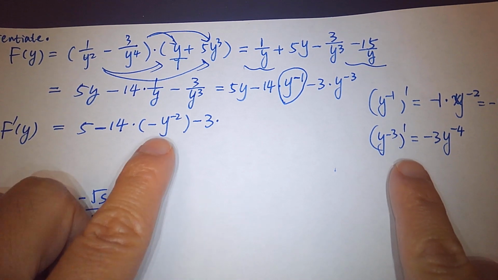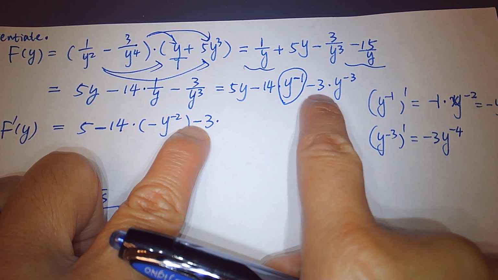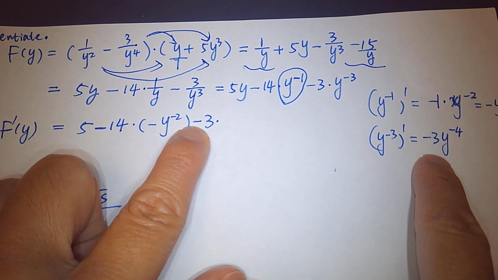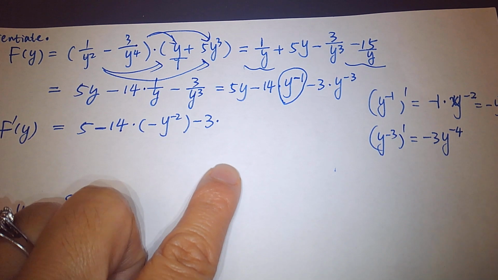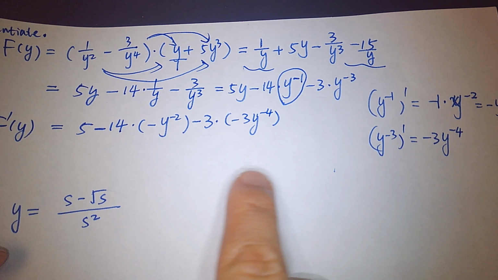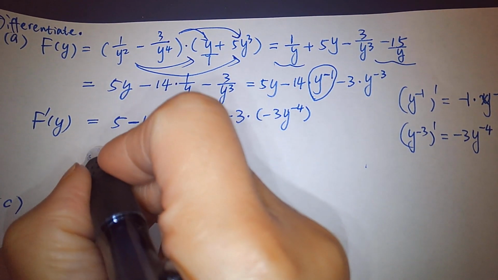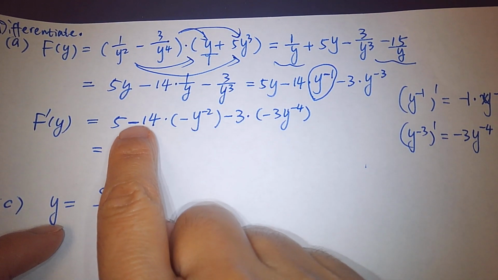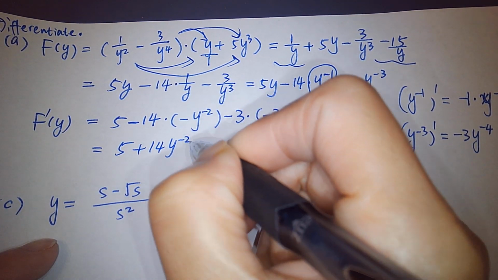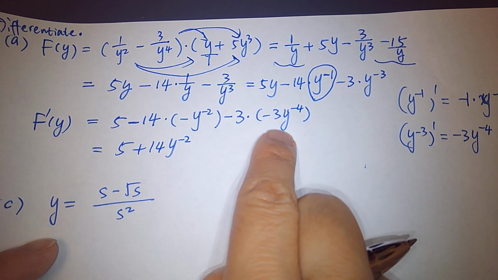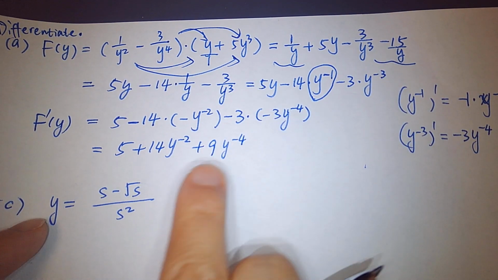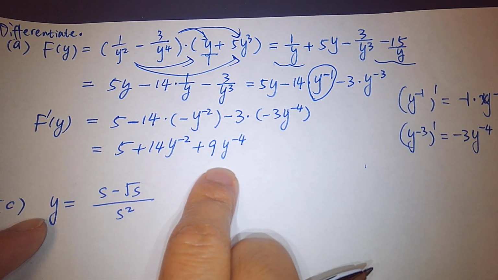So times this negative 3 comes from here. y to the negative 3's derivative equals negative 3y to the negative 4, right? Alright, so let's simplify. 5, negative 14 times negative gives positive 14y to the negative 2, right? Negative 3 times negative 3 gives us what? Positive 9y to the negative 4, right? Okay, so you may leave your answer like this, okay?